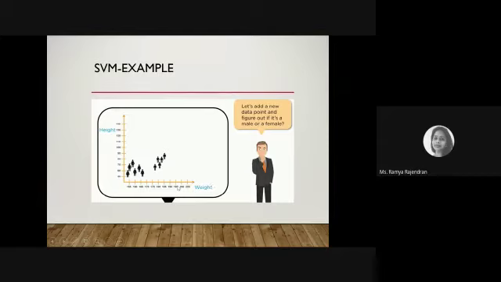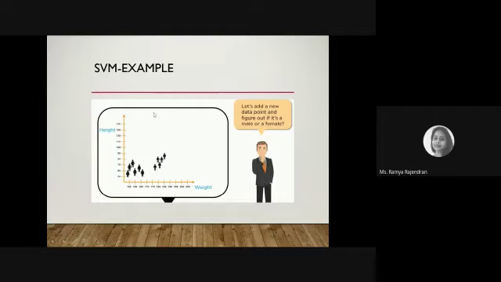Usually we have a belief that women will be thinner, shorter, and with less weight, whereas men will be tall, a little fatter, with muscle, and good weight. So that's a basic assumption that we have. Then when you plot it, you can see a graph like this.